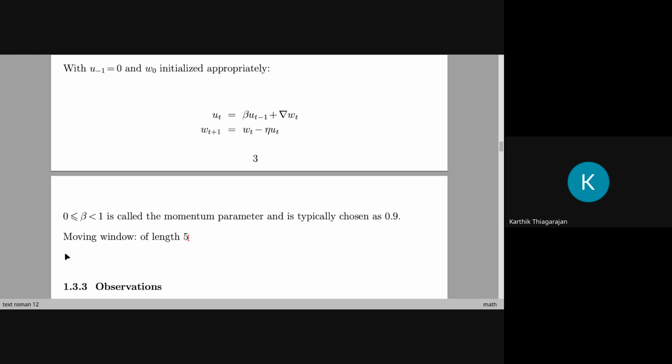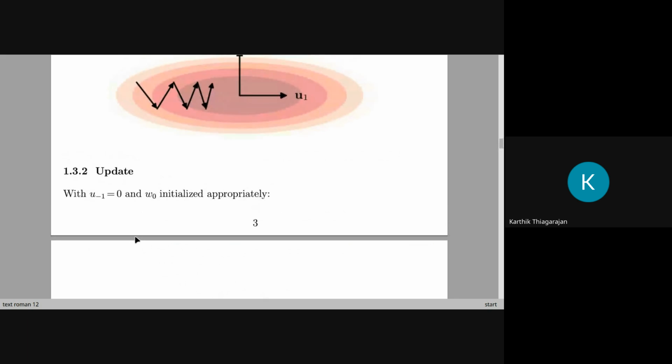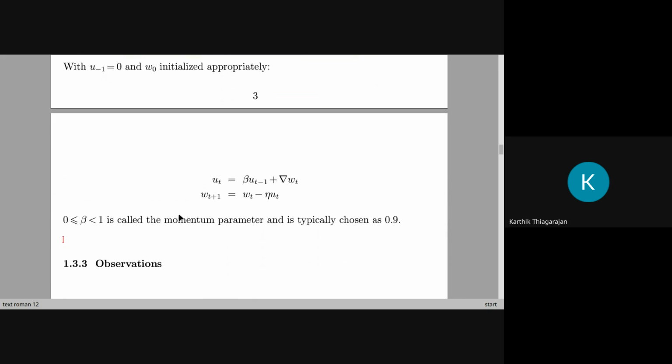There's a nice argument which I encourage you to look at: what happens if all the gradients for a certain number of time steps are the same? You will see that the effective learning rate gets bumped up. That's the effect of momentum, especially when you are in regions where the slope is kind of similar.